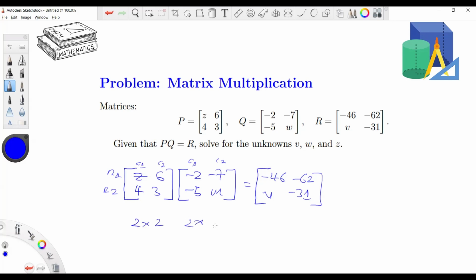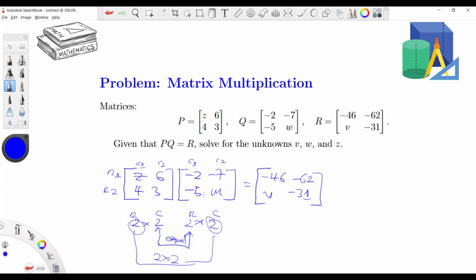We multiply it by another matrix, Q, which is also a 2 by 2 matrix. The number of columns in the first matrix has to be equal to the number of rows in the second matrix. And when we multiply these two matrices together, the resulting matrix will be a 2 by 2 matrix.